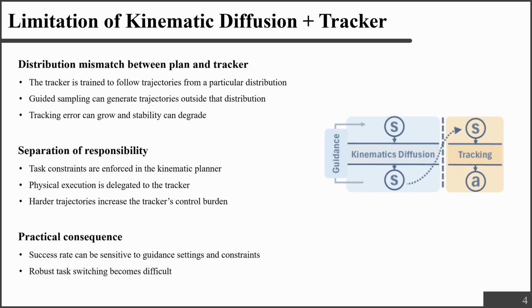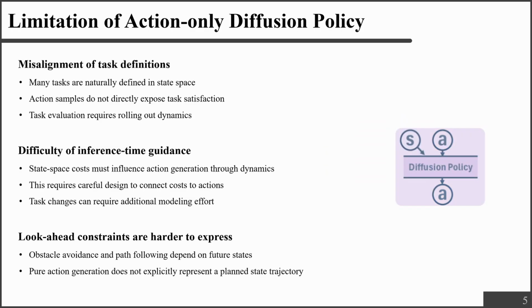If the planner outputs a trajectory that is dynamically difficult, the tracker must compensate without having been trained for the exact scenario. The practical outcome is that task constraint changes can lead to unstable behavior unless guidance is done carefully, and this tuning can be task specific.